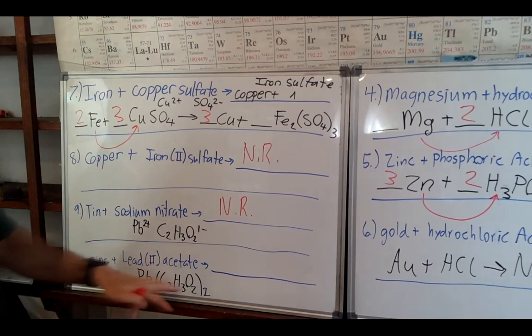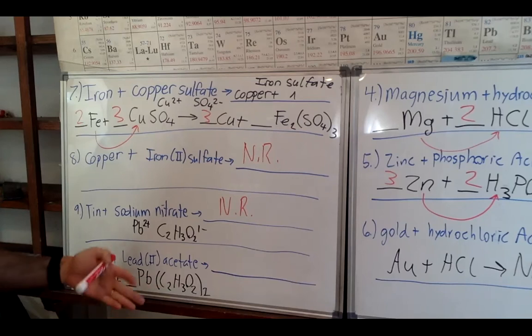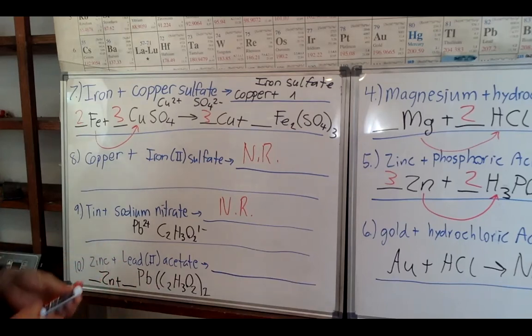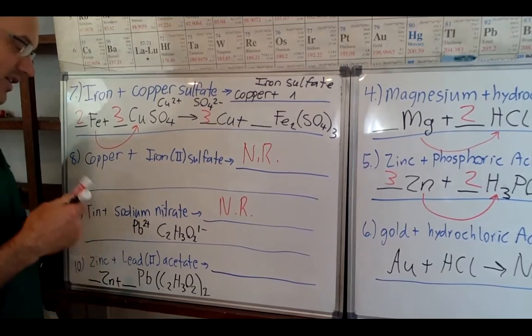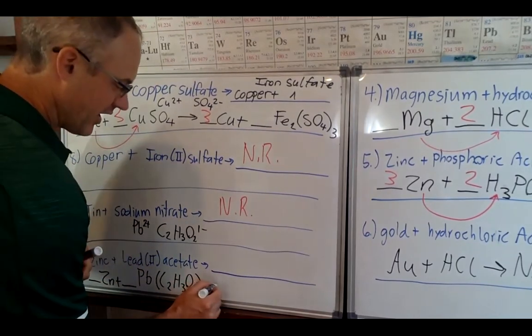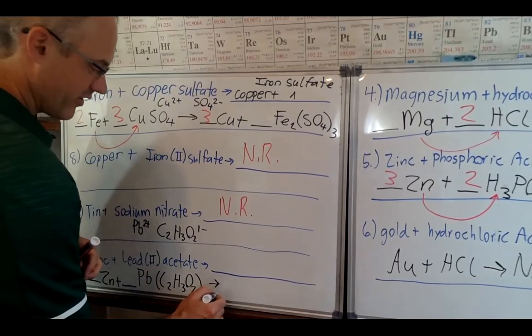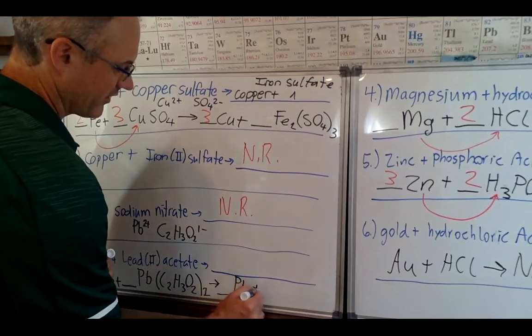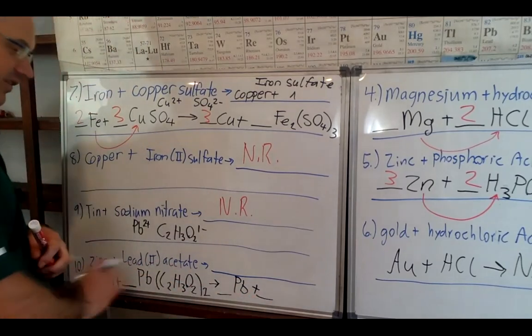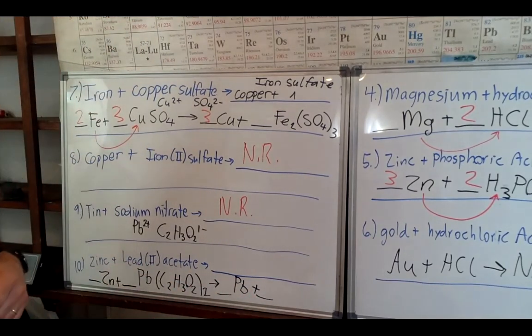This lead has been reacted by the acetate and therefore has a charge. But because the zinc is more reactive than the lead, after the reaction, the lead is the metal that's just hanging out, and thus does not have a charge. But the zinc takes the place of the lead in the acetate, and that does make it have a charge.